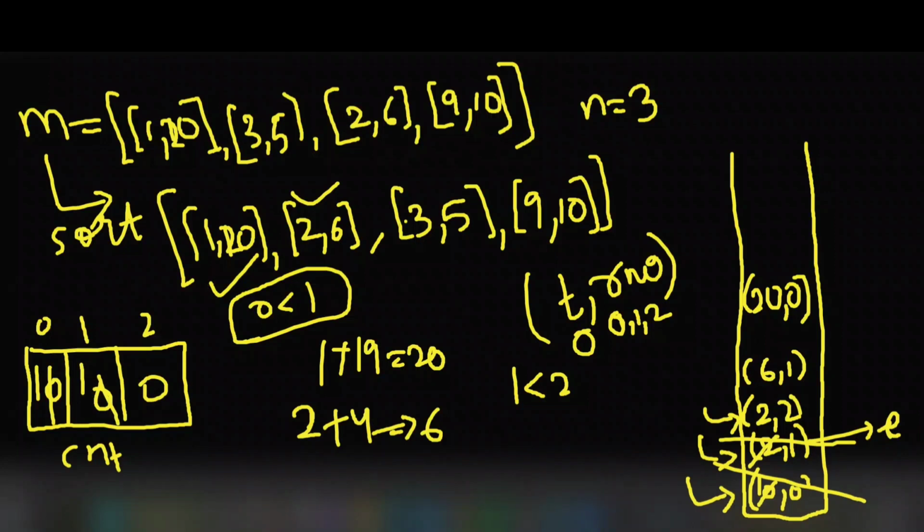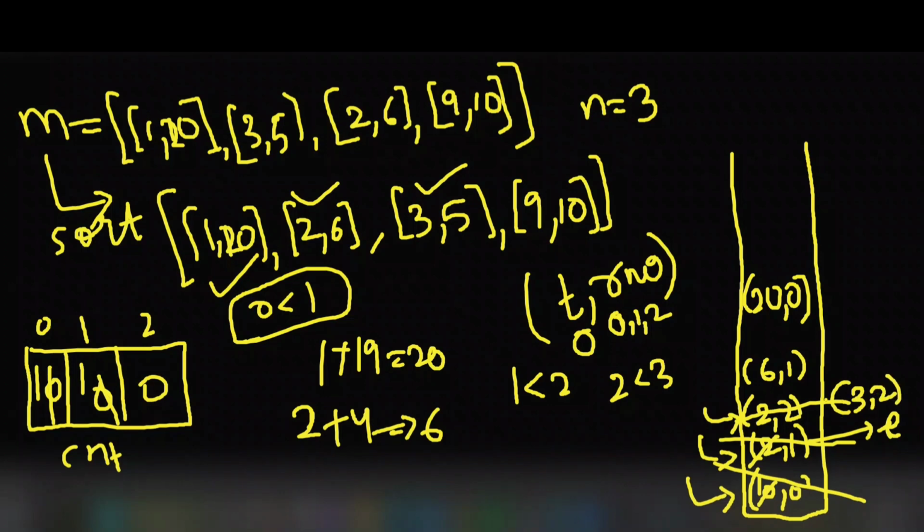Let's take the third meeting, that is 3 comma 5. We see that only the last meeting held in the second room ends before the start time of the current meeting. So we can say that 2 is less than 3. So just pop it out and change it to 3 comma 2.